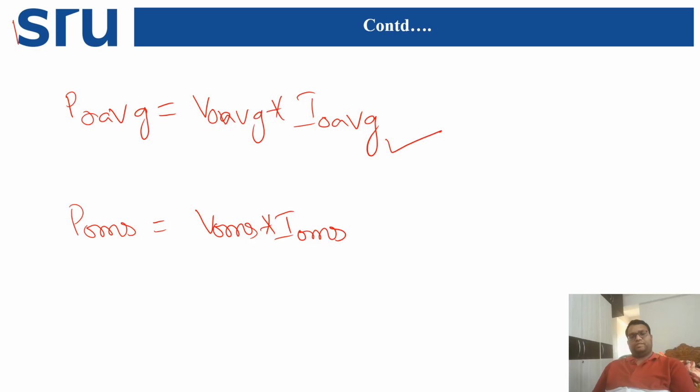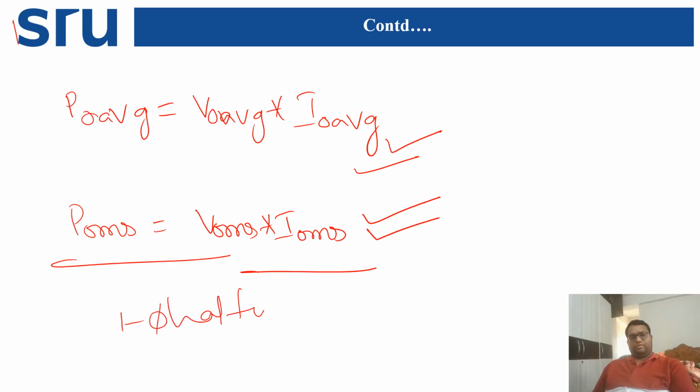By substituting these two values, we will get the average power as well as the RMS power. Both the powers we will get here. So this is the final expression we obtain for the single phase half wave AC to DC converter for RL load.